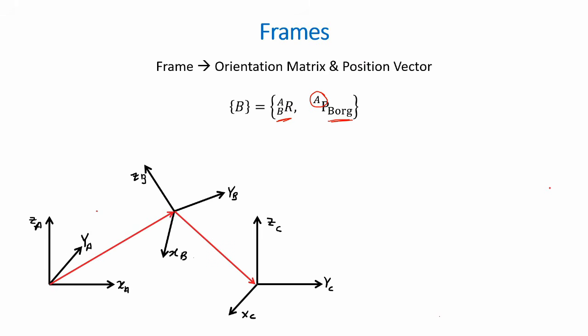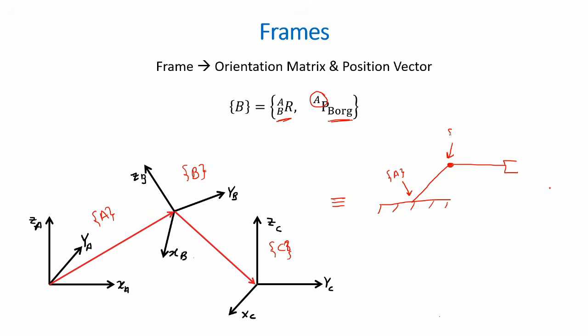Take a look at this diagram. You have three frames. You have frame A, B, and C. This is quite similar to a simple robot with one joint and a tool. The base of the robot would correspond to frame A, which would also be the world coordinates.